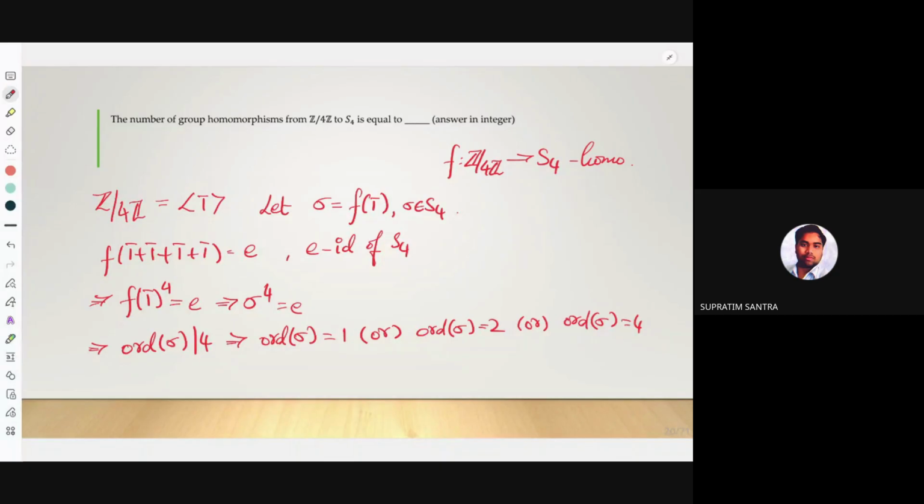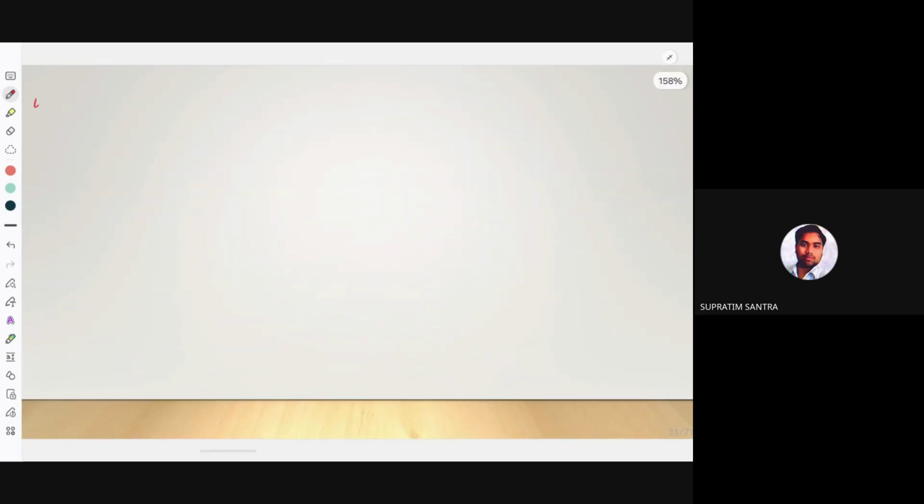So now counting the number of homomorphisms from Z mod 4Z to S4 has been reduced to counting the number of elements in S4 of order 1, 2, and 4. Order of sigma equals 1 implies sigma is the identity, which gives us 1 homomorphism here.